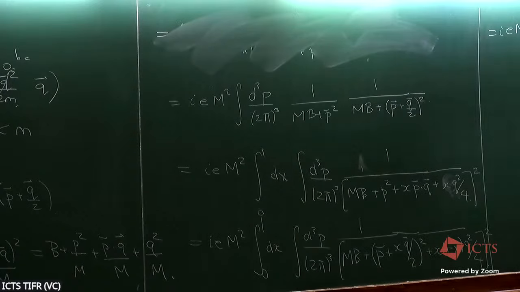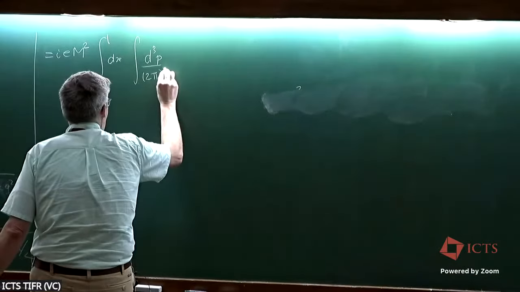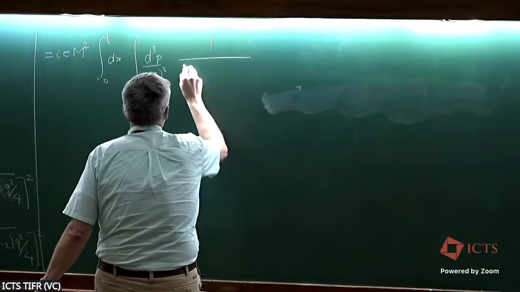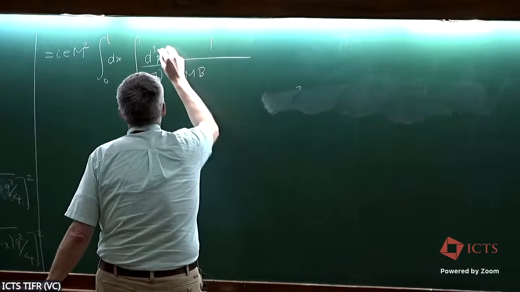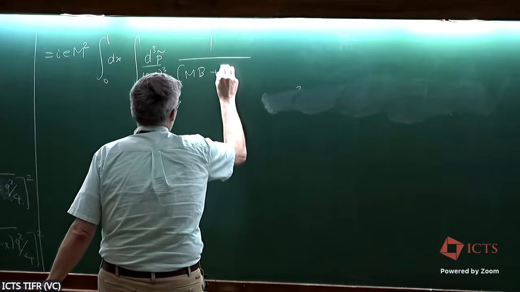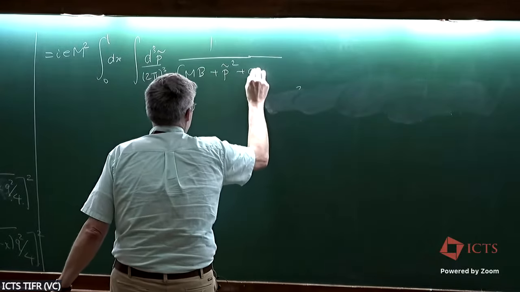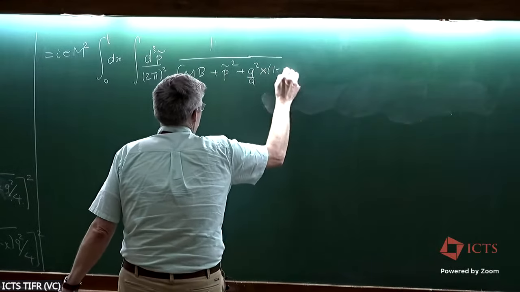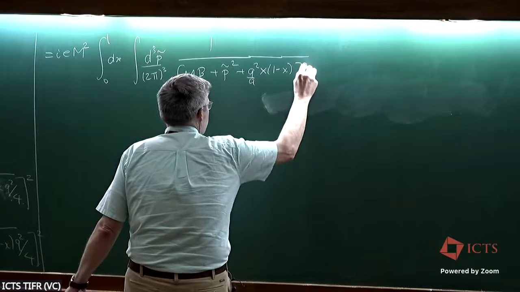So then we have 1 over mb. Now we're using it, let's call it p twiddle plus p twiddle squared plus q squared over 4 times x1 minus x, and this is all squared.